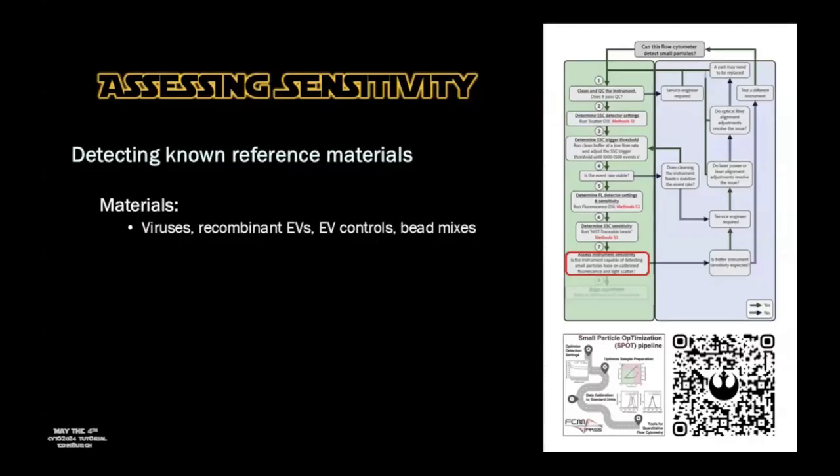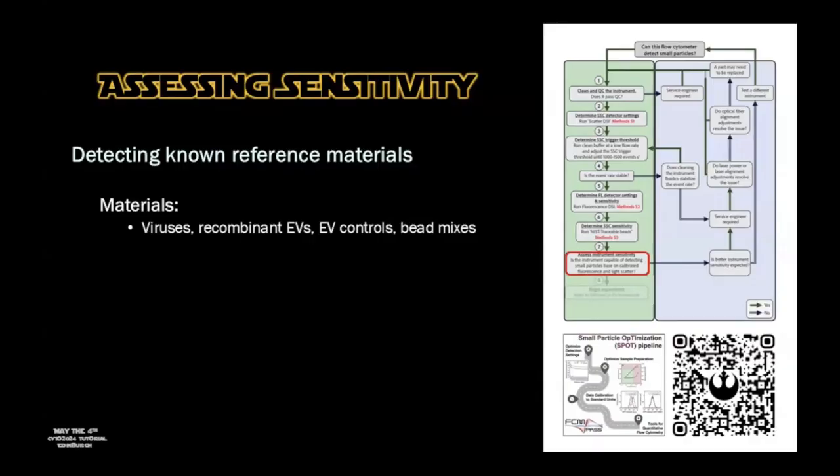So the next step in our workflow is to assess instrument sensitivity, basically running the particles that you are familiar with and consistently use in your lab. I like to use some reference materials. For me, those are viruses. Some of them are recombinant EVs, like Josh was mentioning in our previous slides.